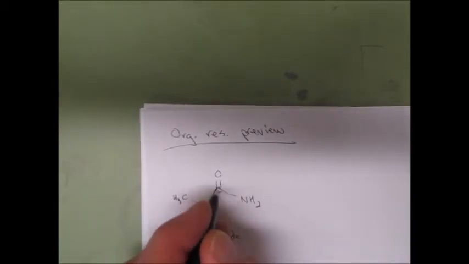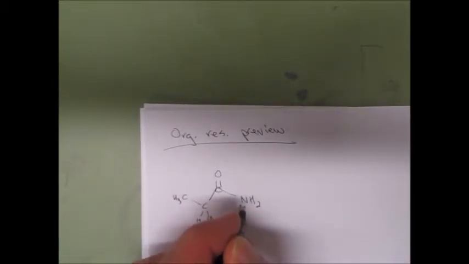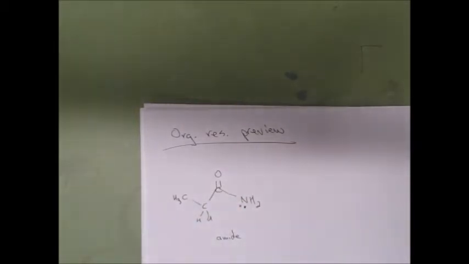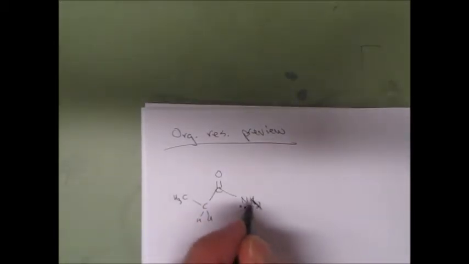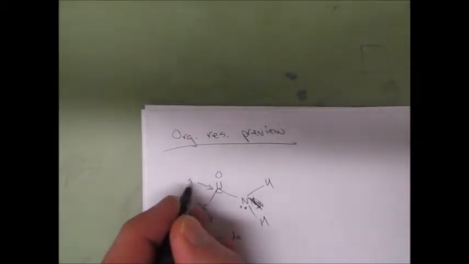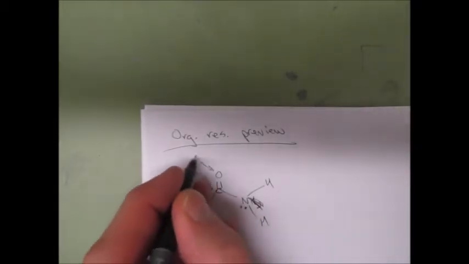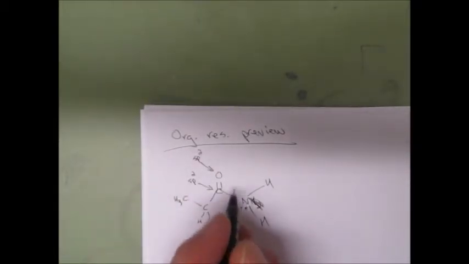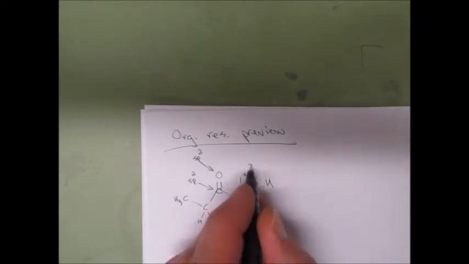A carbon-oxygen double bond with this nitrogen, but the nitrogen has a lone pair. Okay? So if I drew this properly, you'd have 2 hydrogens, because nitrogen likes to make 3 bonds. At the moment, this is sp2, this is sp2, this nitrogen is sp3.